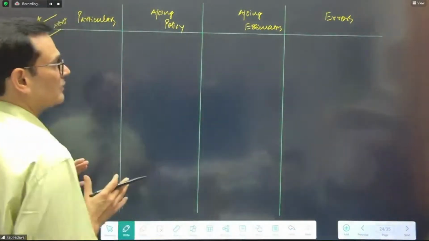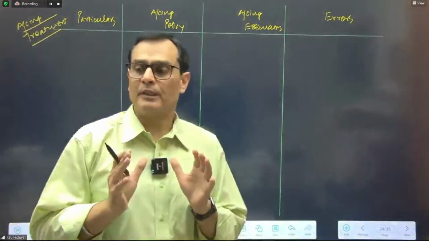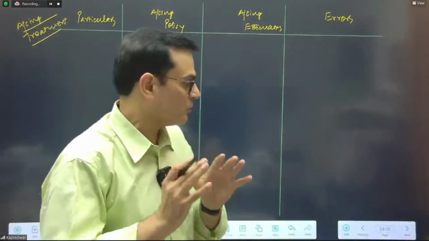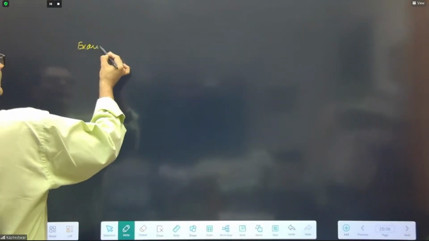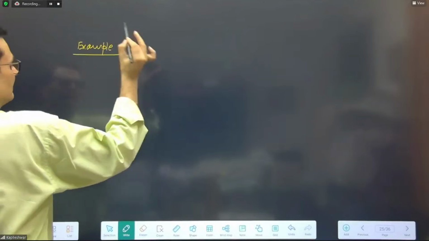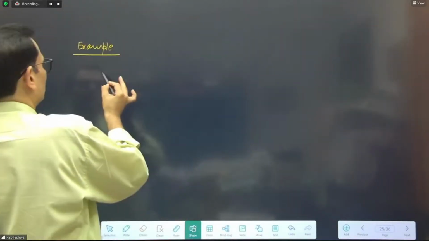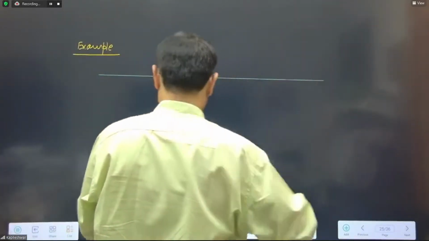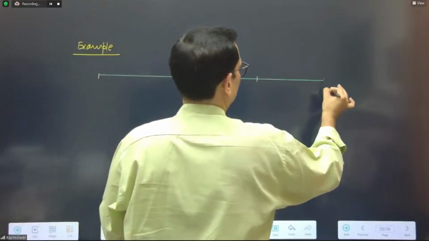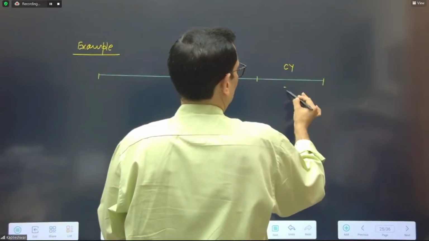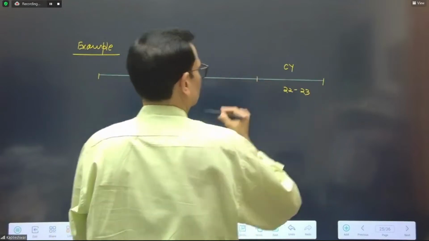For convenience, I am considering one particular example to understand the accounting. Let's give you a time scale, and we're going to fit the accounting into the time scale. This is the current year 22-23.